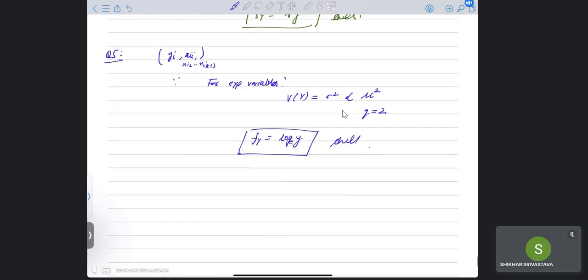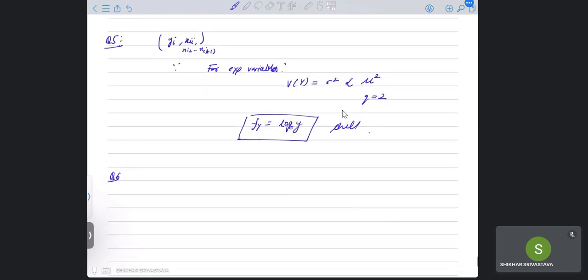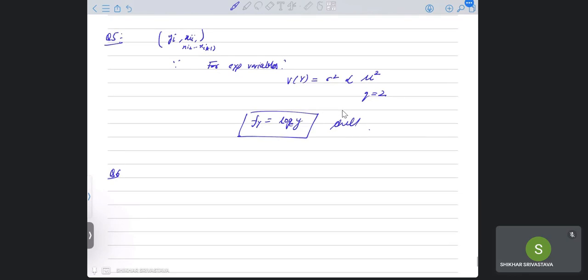And similarly, they ask another question, question 6. Another same thing, for Poisson variables y.